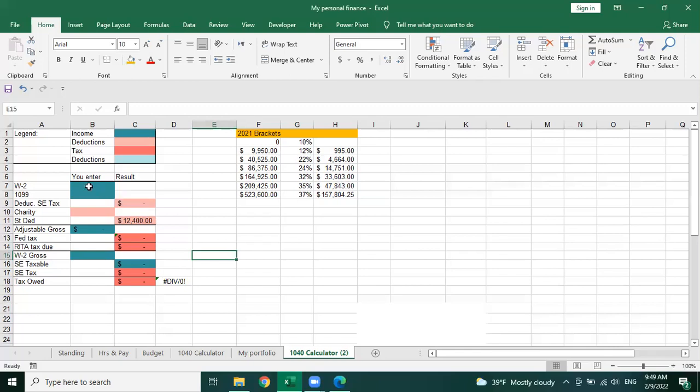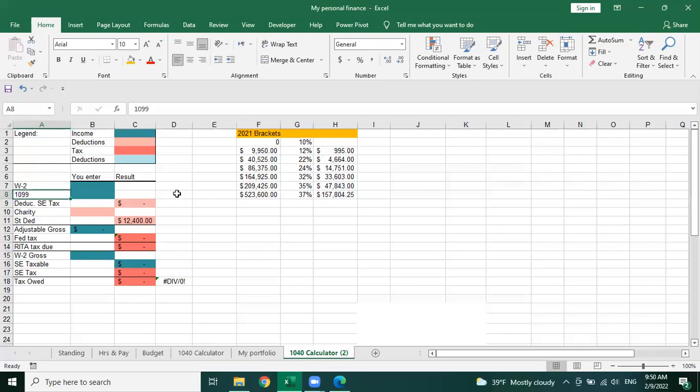So first, you enter your W-2 net, then you enter your 1099. Again, I'll just explain briefly. W-2 is for a proper employer relationship, and 1099 is for self-employment for small businesses.